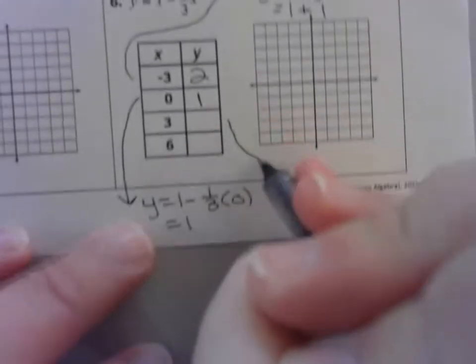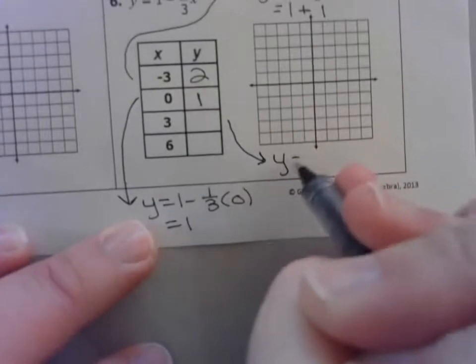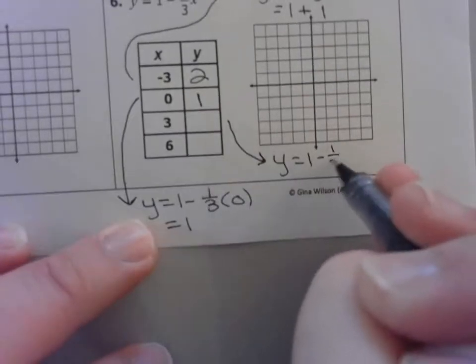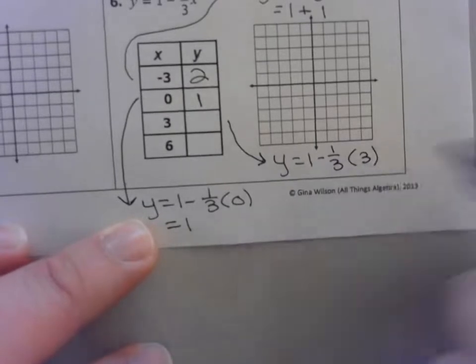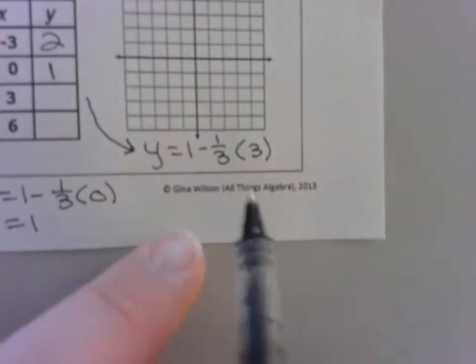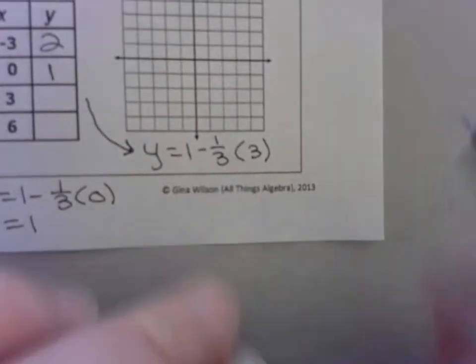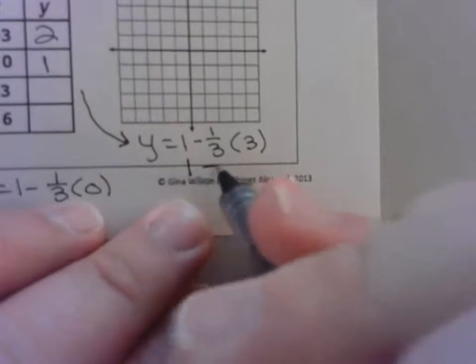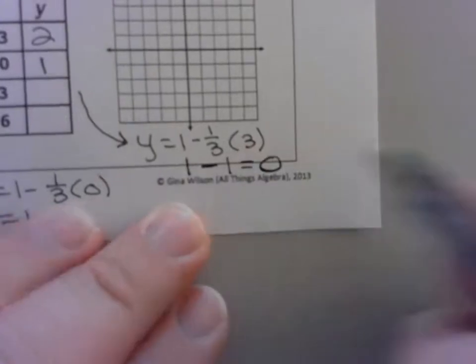Okay, let's plug in 3. So y equals 1 minus 1/3 times 3. Do that in your calculator. -1/3 times 3, and then whatever that is. -1. So 1 minus 1 is 0. And we'll do one more.